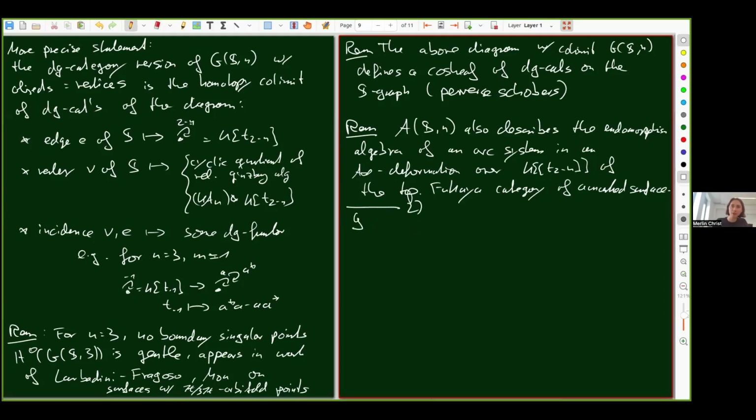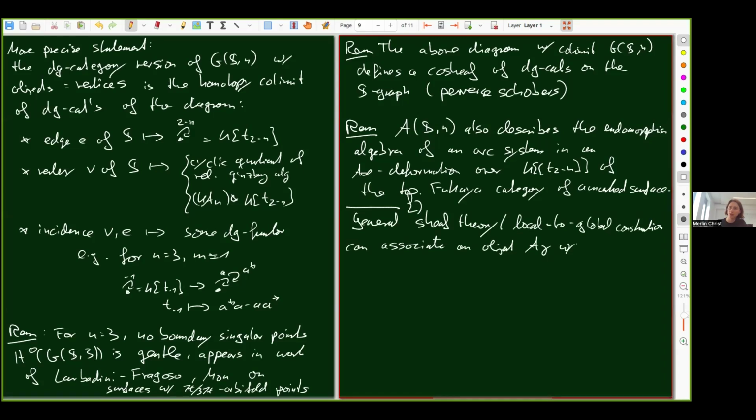Let me just wave my hands and say that there's a general sheaf theory approach, or maybe you could also call this a local to global construction, which allows you to associate an object A_gamma with each graded arc gamma in the surface with endpoints at the singular points.